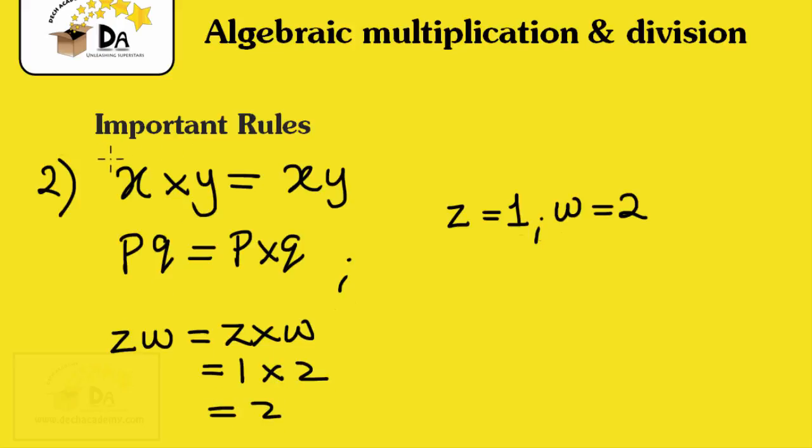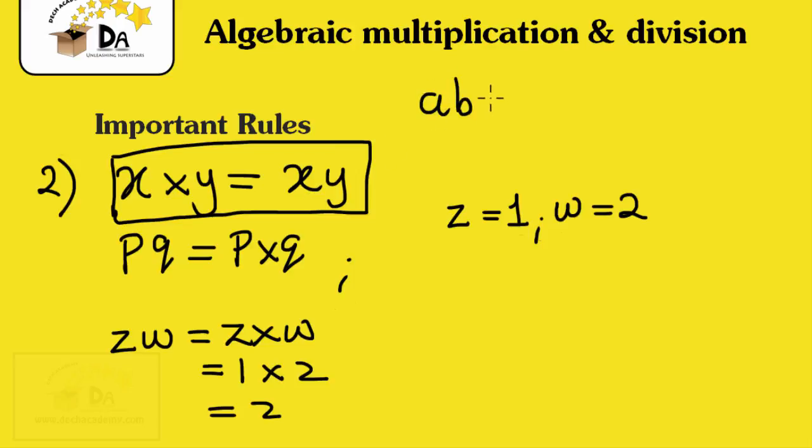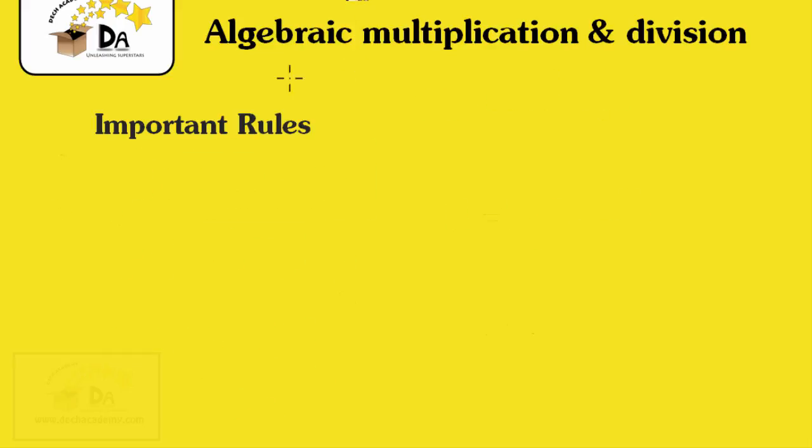So you just need to get this. This is just notation. X times y is the same thing as writing x and y next to each other. ab is the same thing as a times b, where a and b are variables. Really simple stuff. The third rule is as follows.